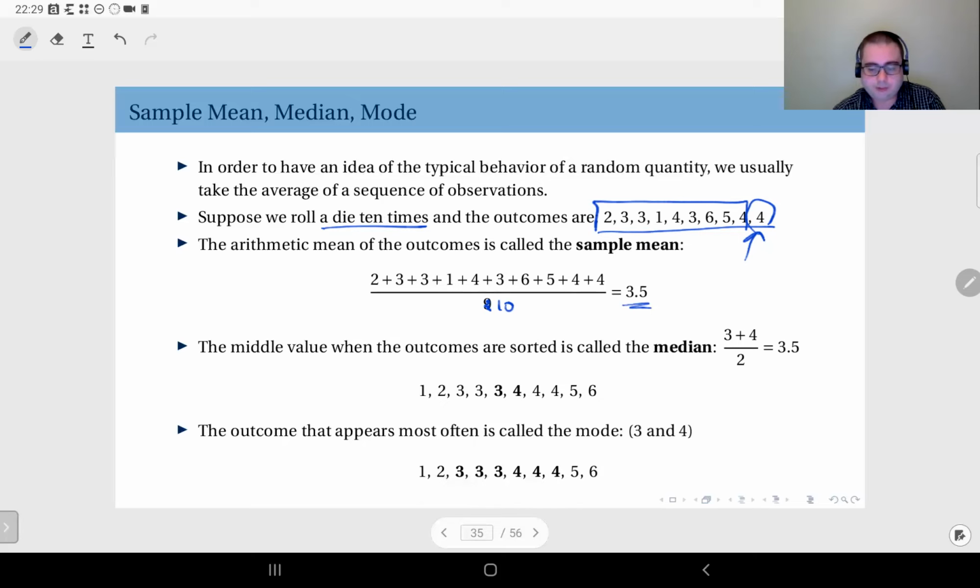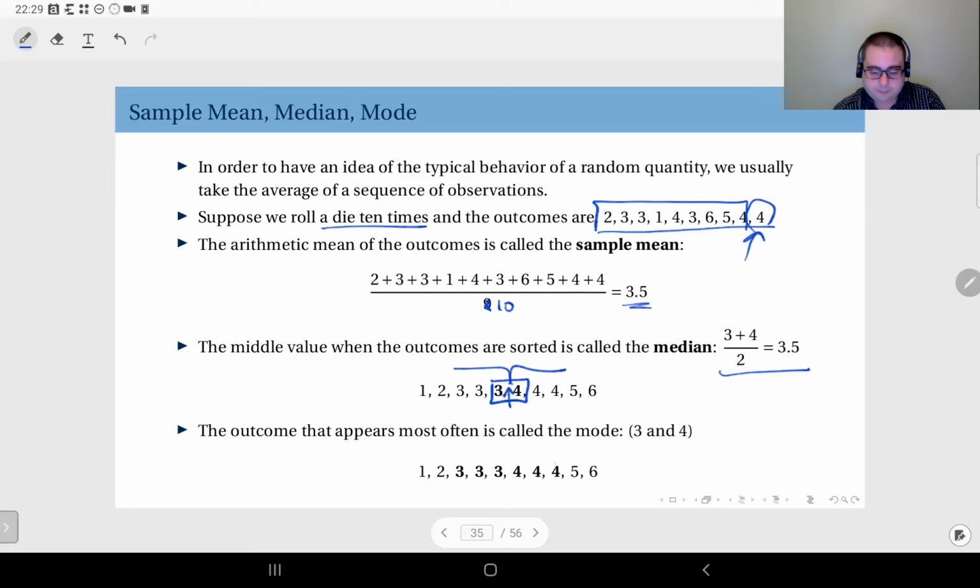Again, for median, sort the values. But now, since I have 10 outcomes, there is not one single midpoint. I have 5 here and 5 here. So actually, this is the midpoint. So what you do is you take these two and take their average. 3 plus 4 over 2, you get 3.5.